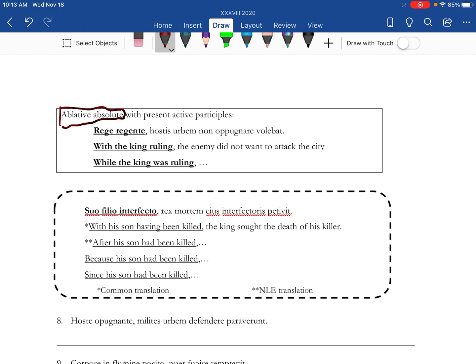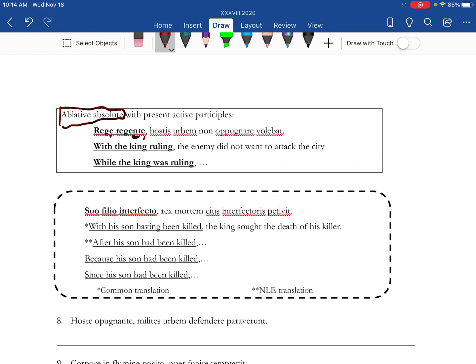Now, this first one, present active participle, you have a noun in the ablative. You have a participle in the ablative. How do you translate an ablative? By or with. How do you translate a present active participle? Blanking. So the common translation isn't going to change.